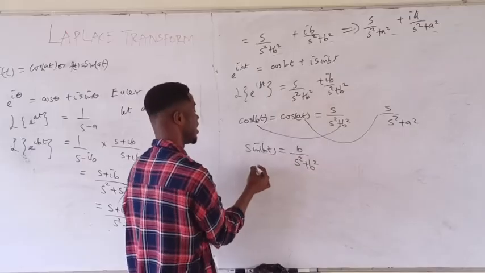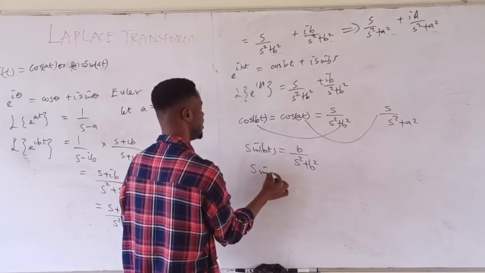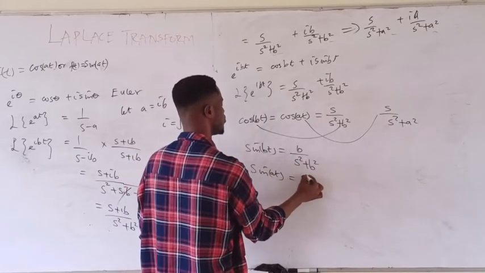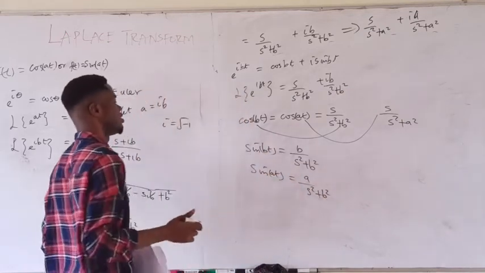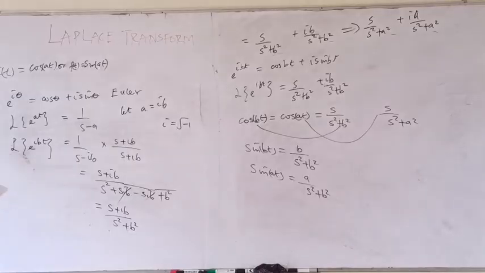So if I want to write it in terms of A, sin AT will be equal to a over s squared plus a squared. So this is just the idea of how to use Euler's theory to represent the Laplace of this function. So this is for the first part.